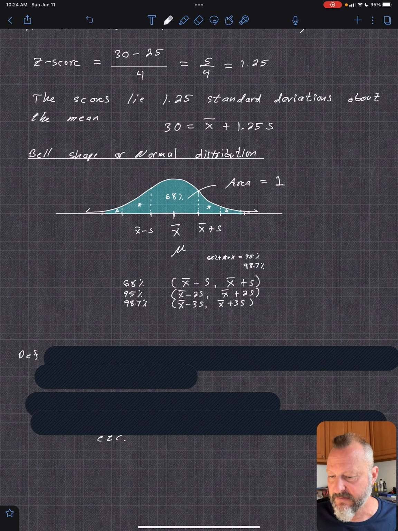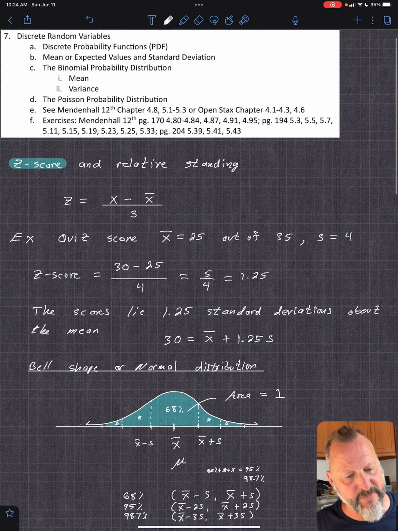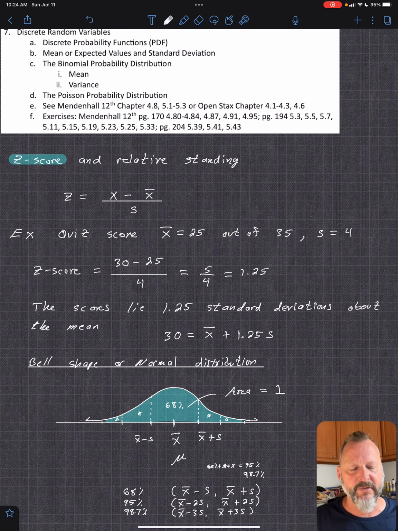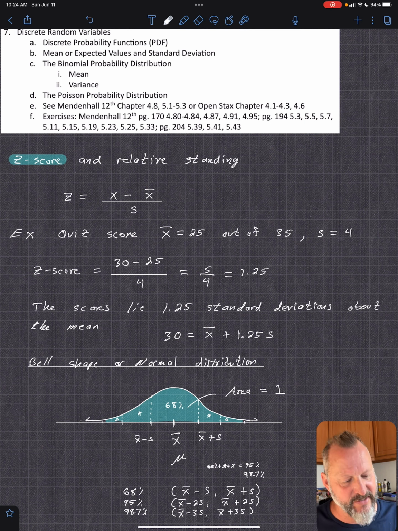Now, let's talk about next. We're kind of getting at up here. So that was a little cleanup, little homework to some things that I may have missed that I didn't ask you about. Let's get on to discrete probability function.